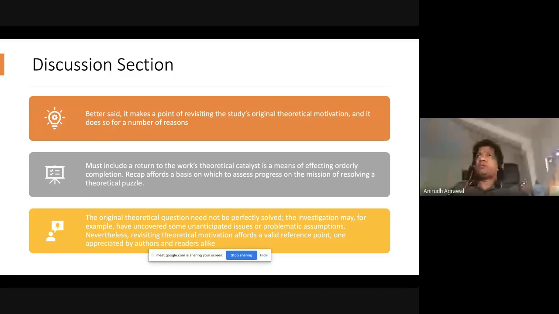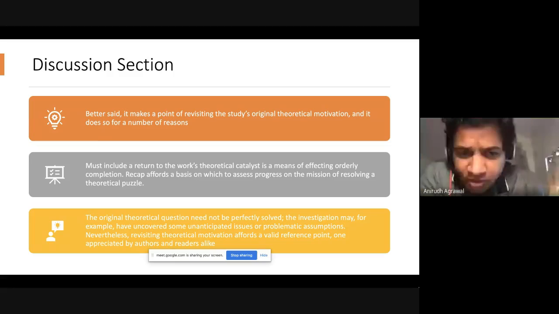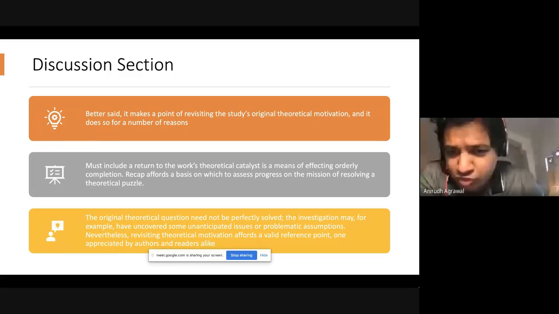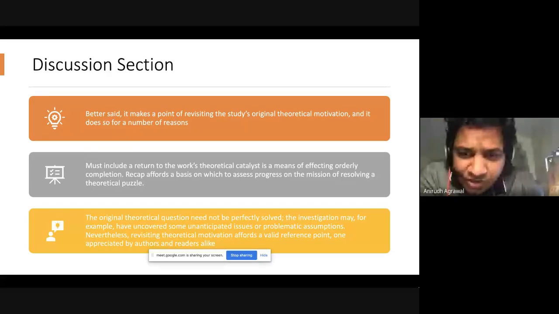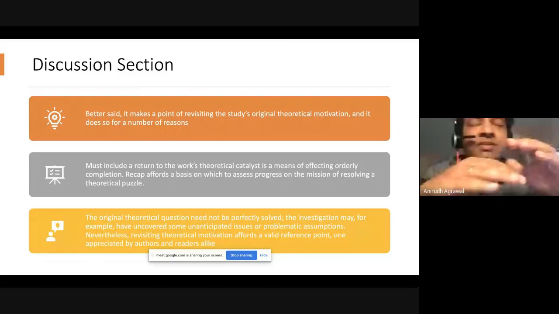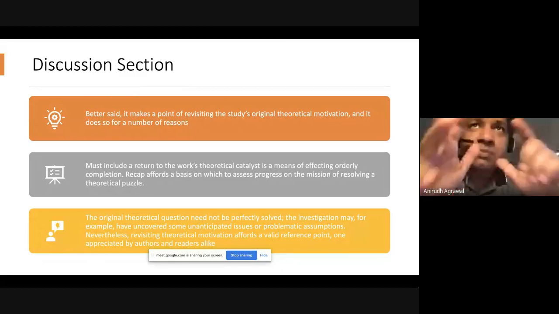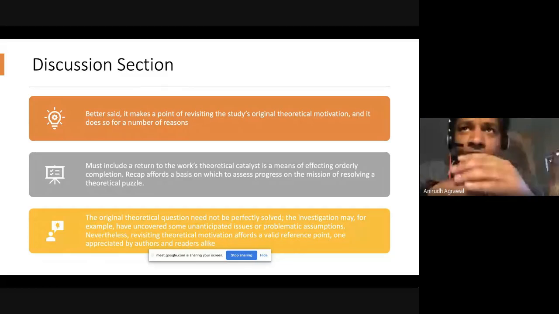So here's the thing. Again, I reread this: the original theoretical question need not be perfectly solved. The investigation may have uncovered some unanticipated issues or problematic assumptions. Nevertheless, revisiting theoretical motivation affords a valid reference point. Now, what does it mean? Your theory is based on certain assumptions.